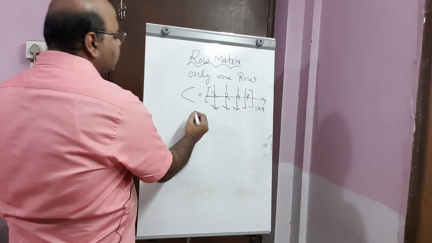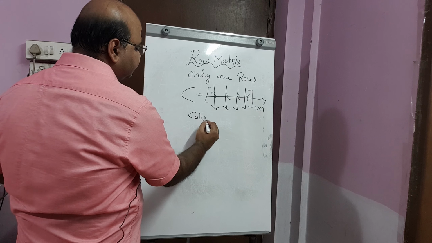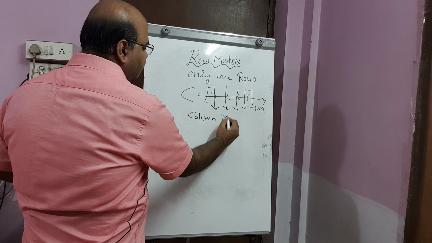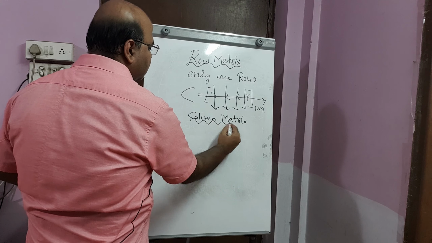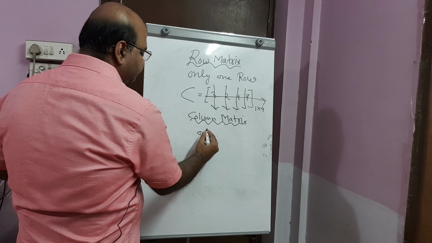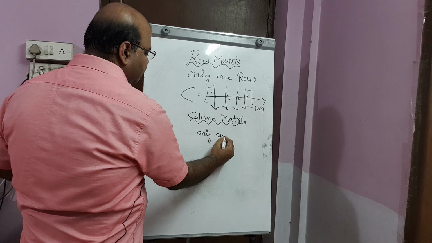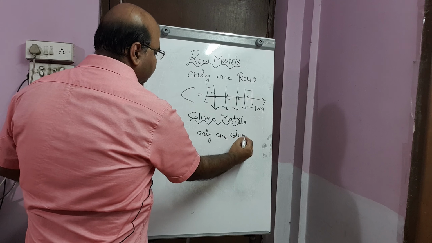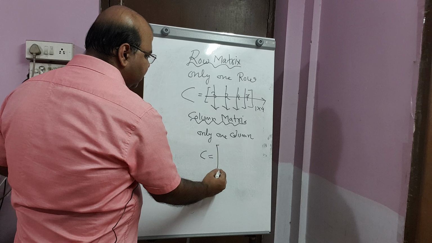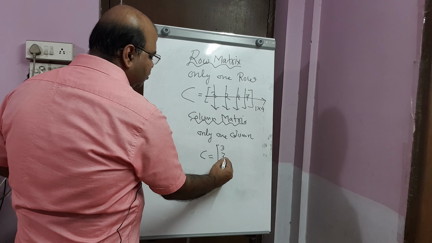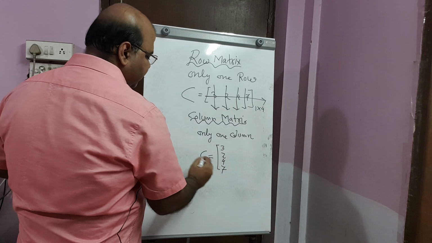Similarly, we can also have a column matrix. That is a matrix having only one column. Likewise, if I have the same matrix C in vertical fashion, 3, 2, 4, 7.